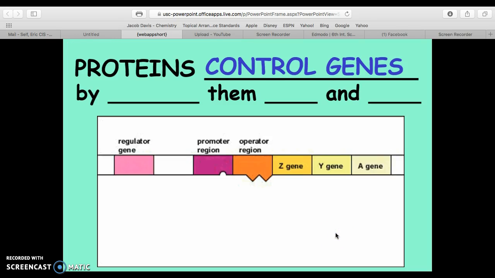Proteins can also have the power to control genetics or control genes. And they do this by turning them on and off. And that is very critical. If genes are left in the on position, right, then they keep making certain products, whatever that gene is in control of. And actually, believe it or not, this is how cancer happens, right?